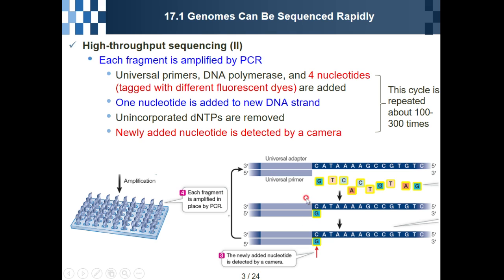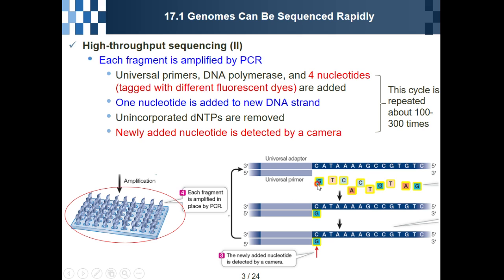So we add primer, DNA polymerase, and 4 nucleotides, but these nucleotides are tagged with different fluorescent dyes.